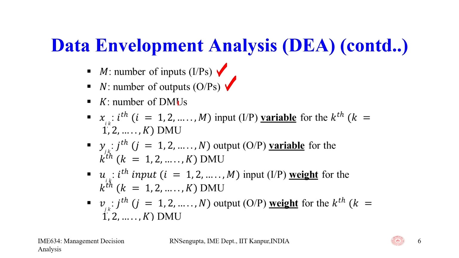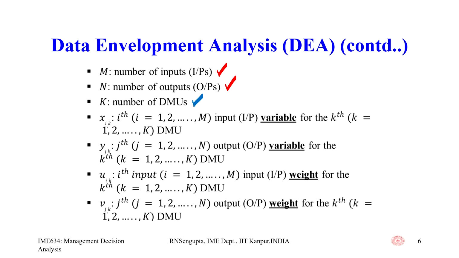Here the number of alternatives, which are the DMUs, we consider as K, which I will mark in blue. So, based on the set of M inputs and N outputs for each DMU, we are going to find out the efficiency of the K number of DMUs.